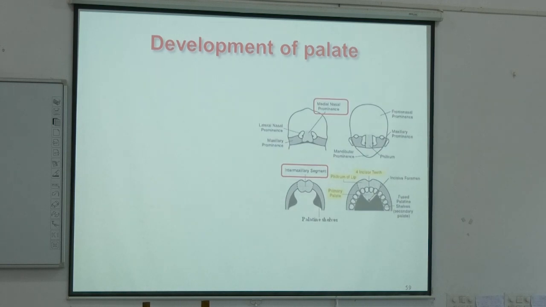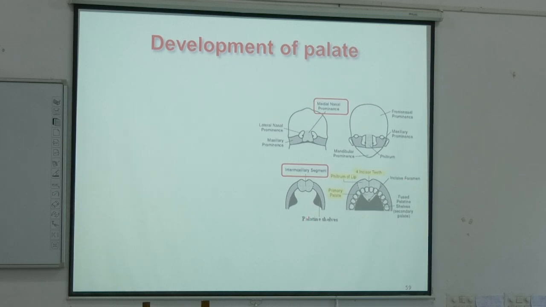So, coming over here, this central part is known as the primary palate. How is this primary palate formed? The interaction of the right and left medial nasal prominences forms the intermaxillary segment, which gives rise to three tissues: the four front teeth, this particular primary palate over here, and this particular region of the lip, which is known as the philtrum. Next are the palatine shelves.